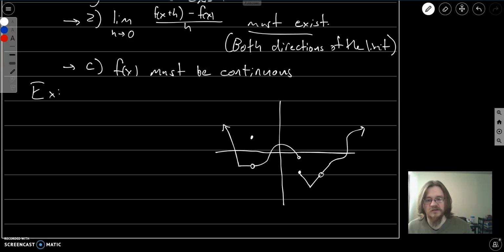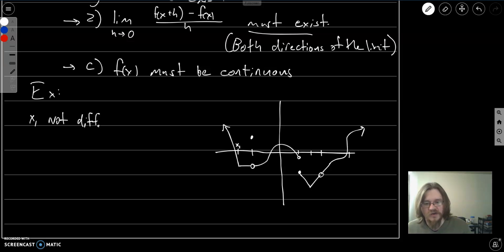So here we've got a few points. I'll label the important points here. Out here at x1, we're not differentiable.